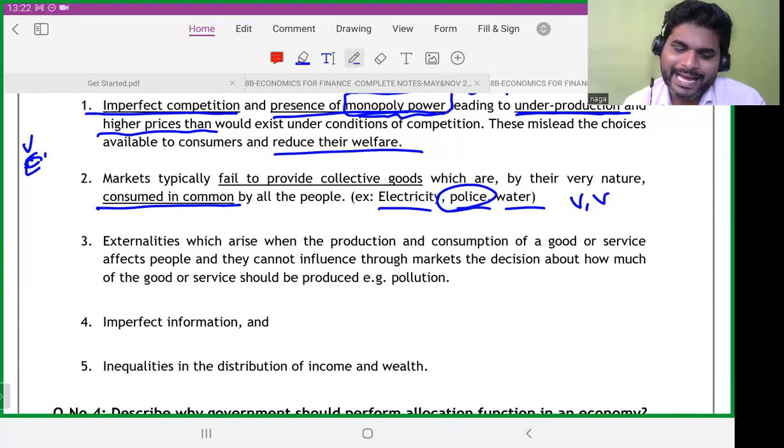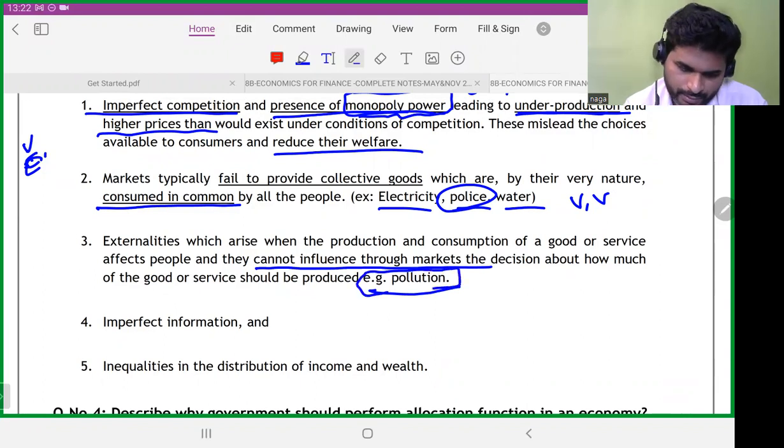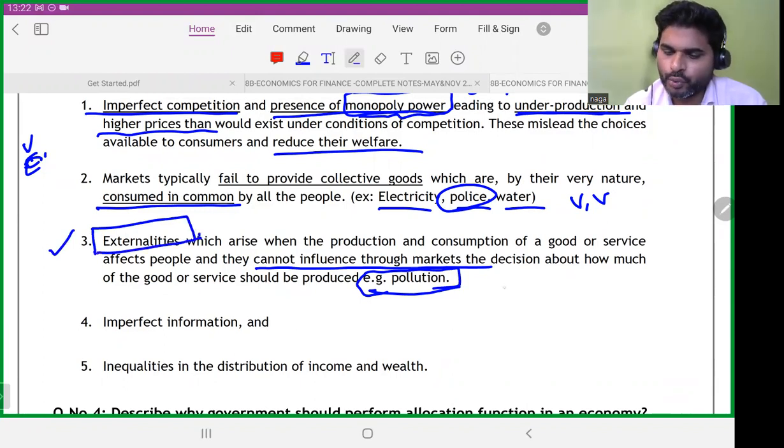And externalities, which arise when the production and consumption of a good or service affects people, and they cannot influence through markets their decision about how much of the good or service should be produced. Example, pollution. This particular word, externalities, we will be covering in unit 2.